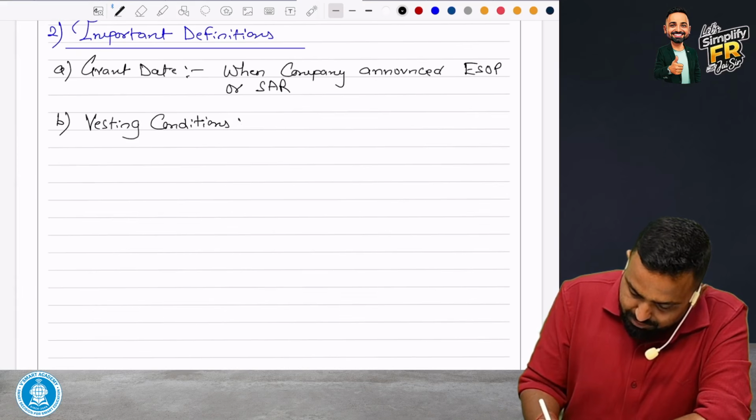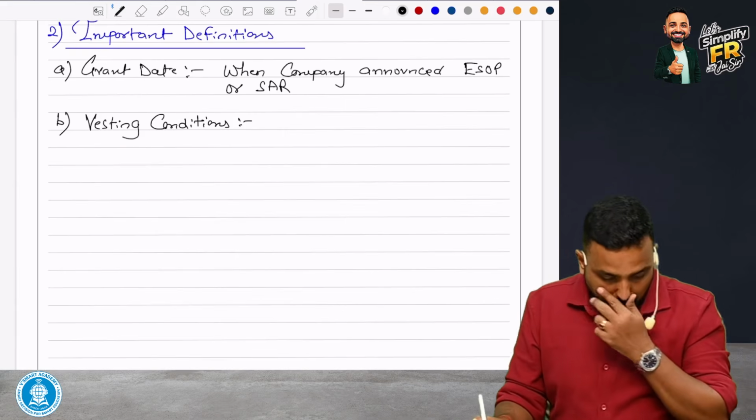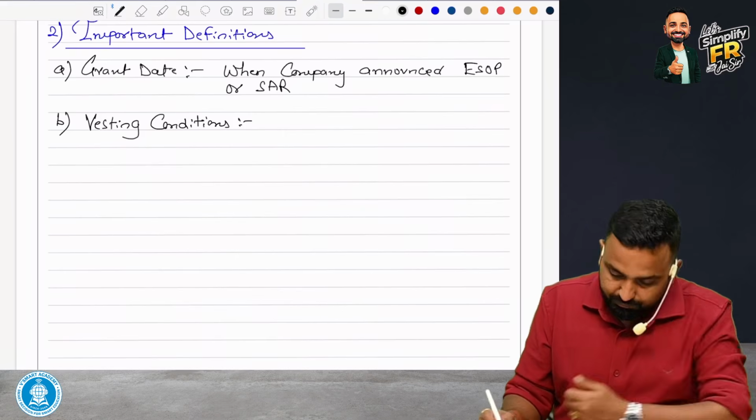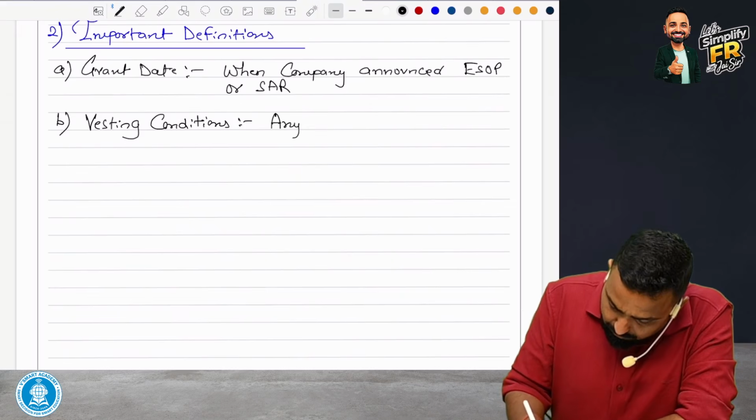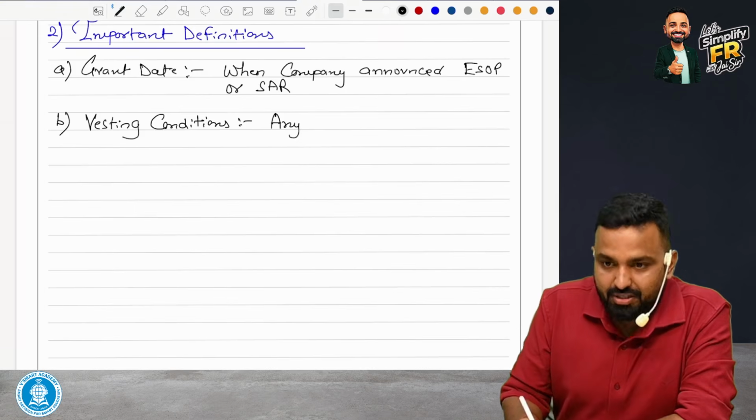Vesting conditions. Yes, what was the vesting condition? Condition to be fulfilled by employees, है ना?